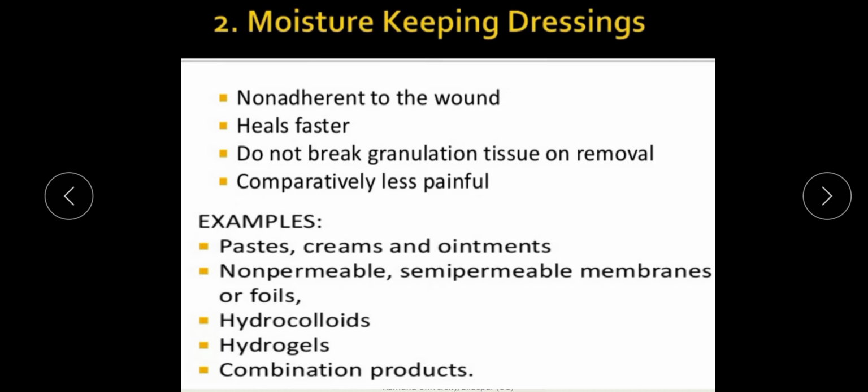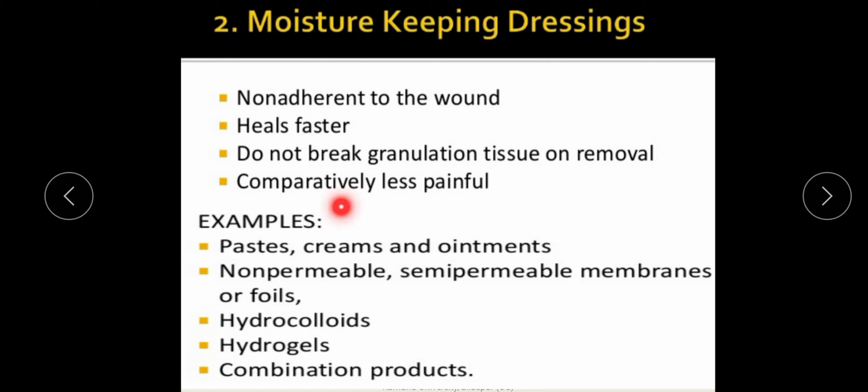Coming to the second type, we can decide the function. The moisture keeping dressing, as the name indicates, moisture keeping means the dressing which we are going to keep over the wound site is going to keep the moisture, non-adherent to the wound. It should heal faster, not break granulation tissue on removal, and be comparatively less painful, right?